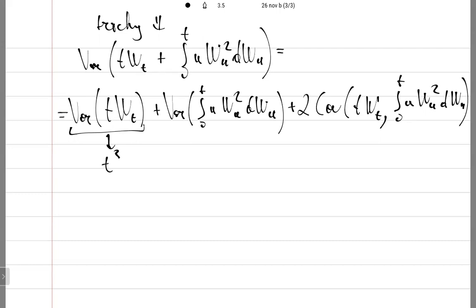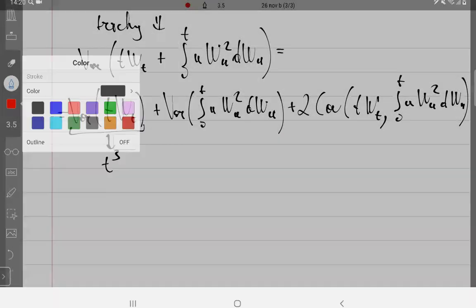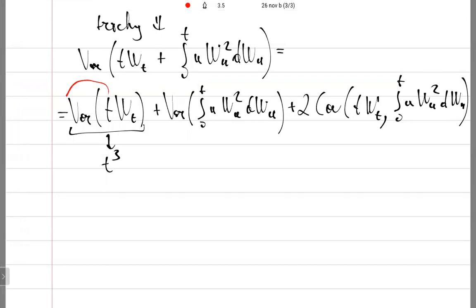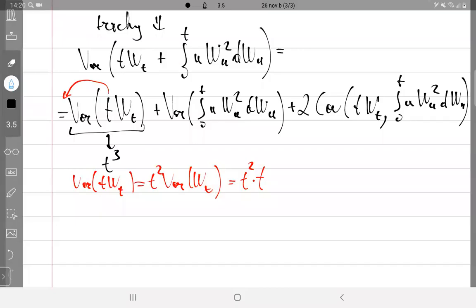Do we need some explanation or is it clear? Yes, we need. Because t is non-random, t is just time, you can take it out of the variance, and the variance of tW_t is just t squared times the variance of W_t, which is t squared times t. Okay?